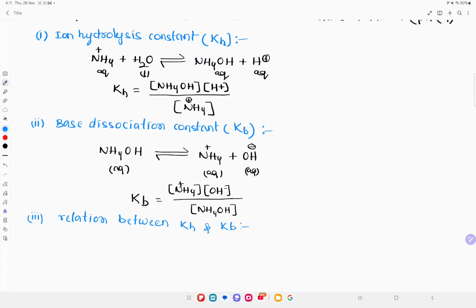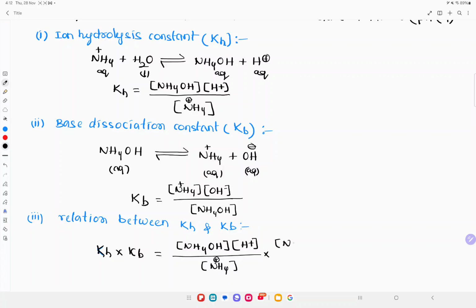Next, relation between Kh and Kb. Kh into Kb is equal to what? What is Kh? Kh is molar concentration of ammonium hydroxide into molar concentration of H plus ion by molar concentration of ammonium ion. What is Kb?